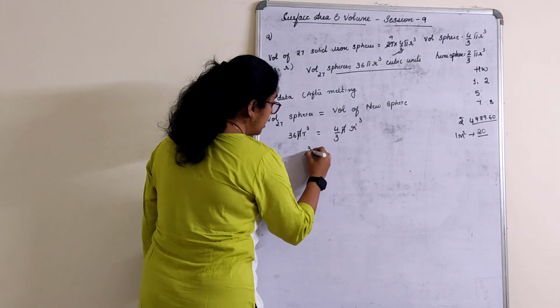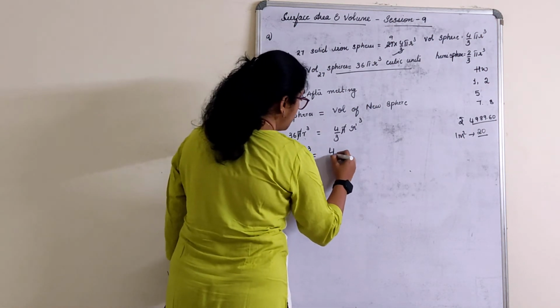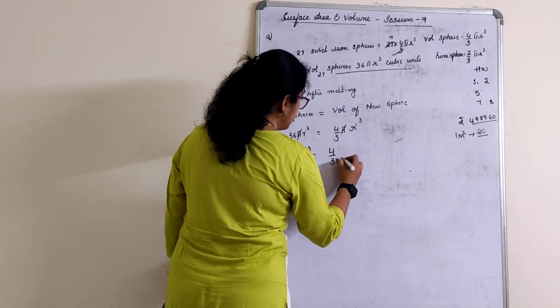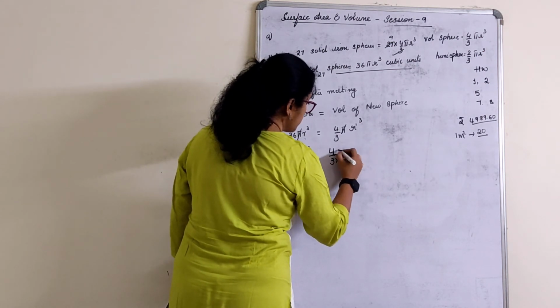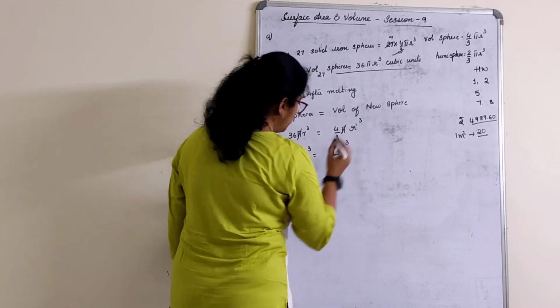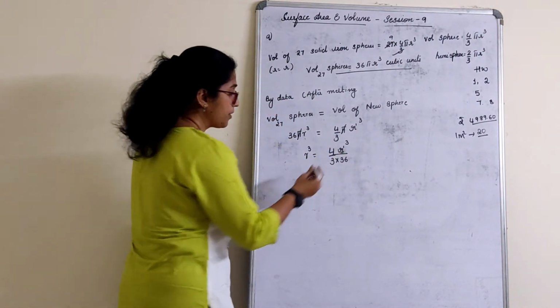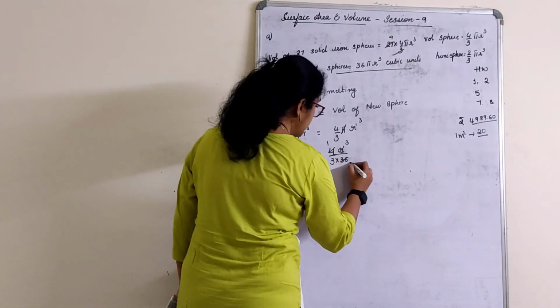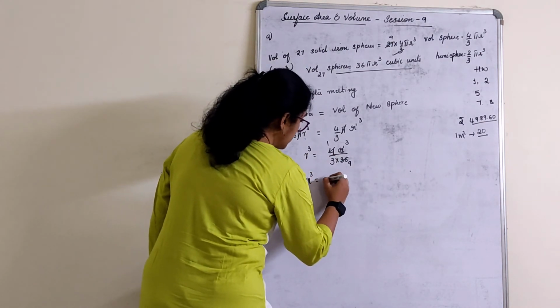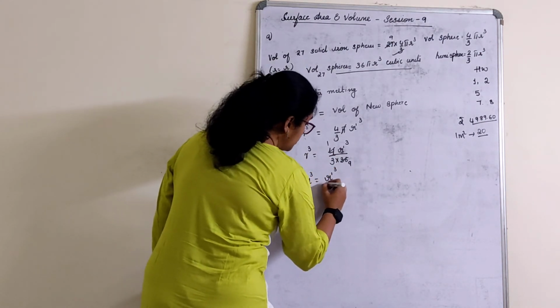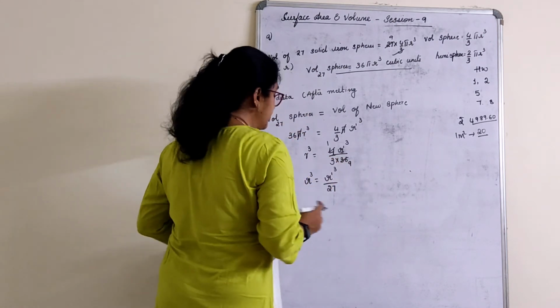Then r cube is equal to 4 by 3 into 36 r dash cube. Don't cancel r cube and r dash cube. So 4 ones are 4, 4 nines are 36, so r cube is equal to r dash cube upon 27.